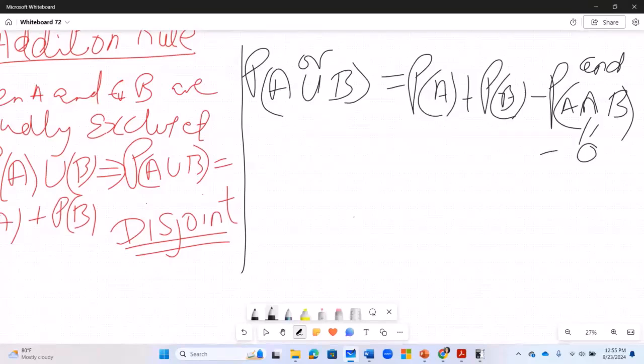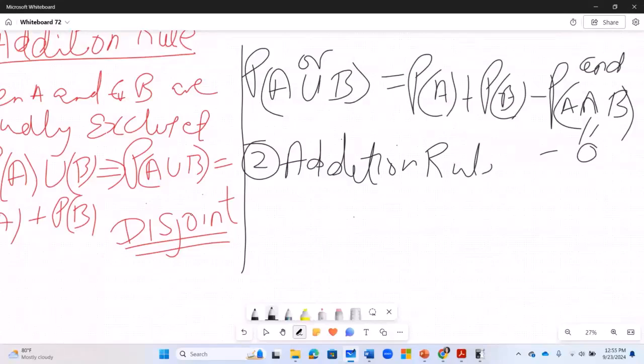All right, so now addition rule number 2. When we finish the addition rules, we go to a practice test and try to do some problems on them. There are 2 addition rules. Addition rule number 2: let's call it joint events.